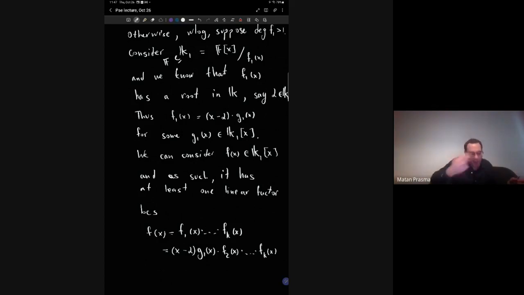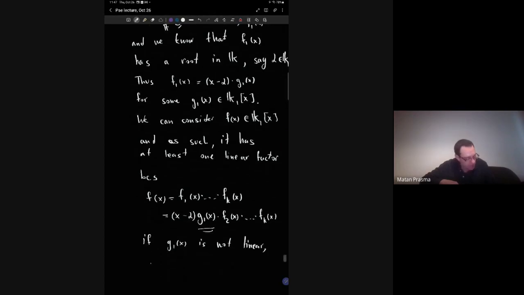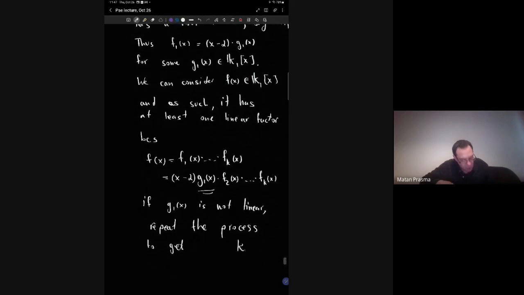And by doing this, I can repeat. Now if g1(x) is not linear, we repeat the process to get K2 that contains K1, in which I would have at least one other root, let's say beta of f.